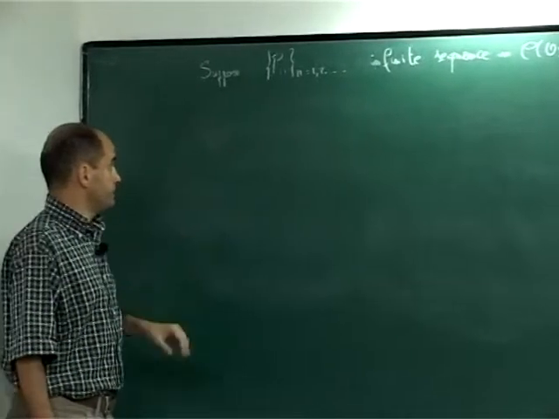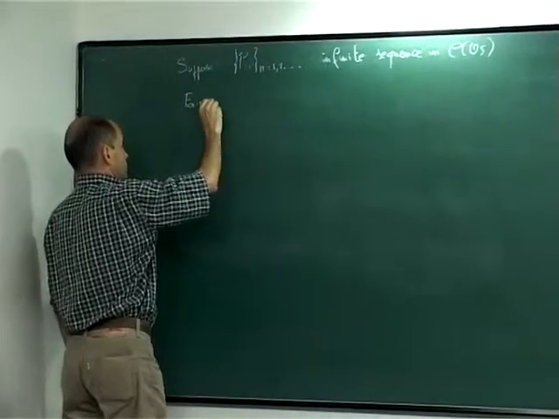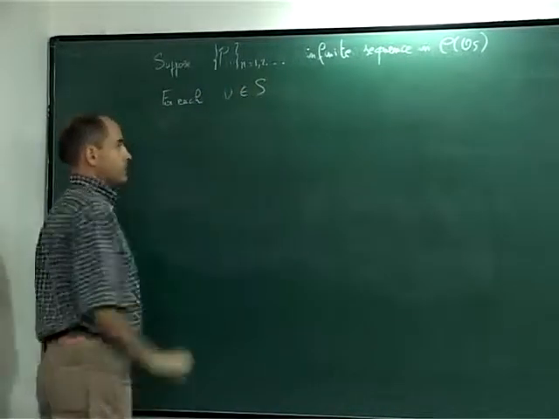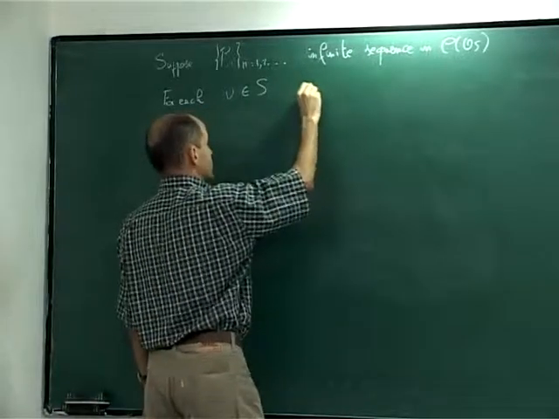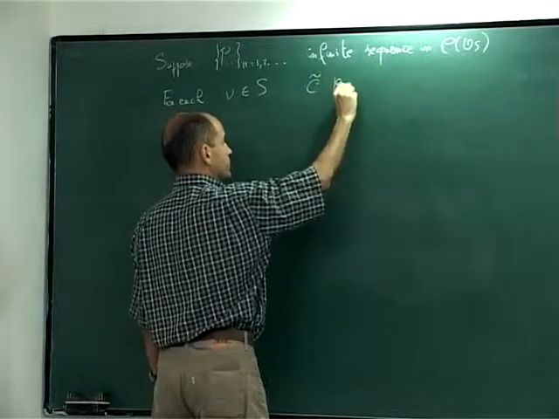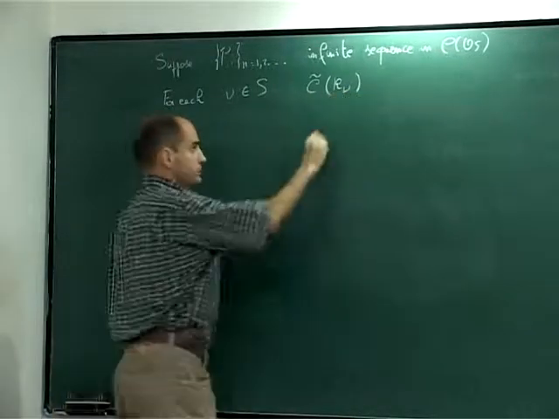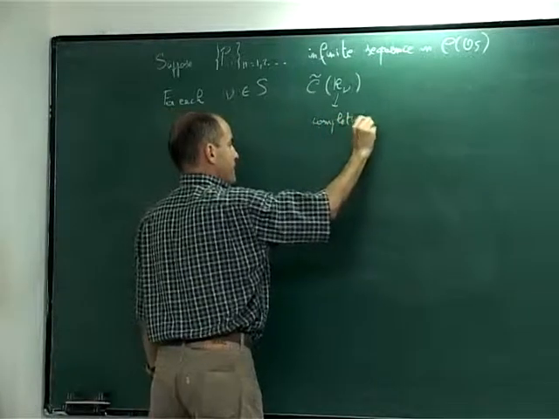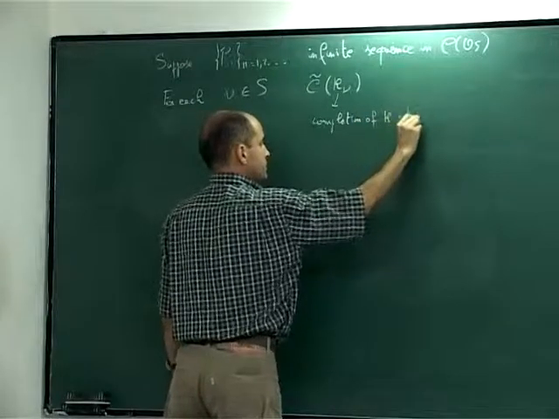Now, for each nu in S, we have the set C tilde of points with coordinates in the completion of K at the place nu.